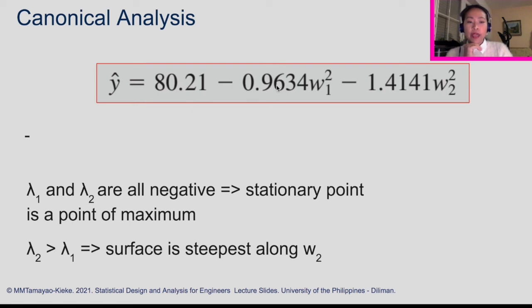Looking at the eigenvalues, they're both negative, which means that the stationary point is a point of maximum. The absolute value of the eigenvalue for lambda 2 is greater than the absolute value for lambda 1, therefore the surface is steepest along W2.